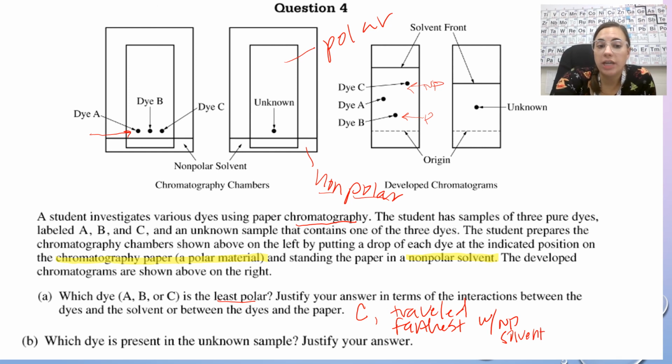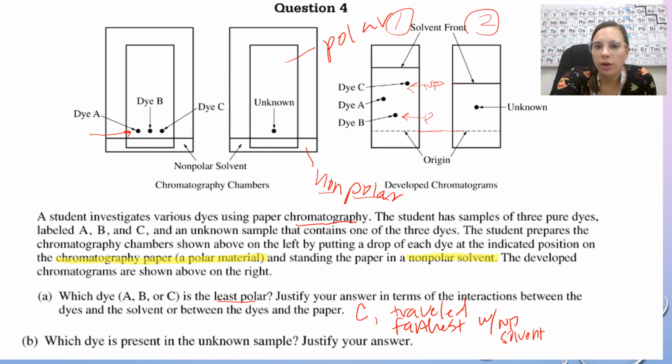And then, which dye is present in the sample? We're going to compare. Now, something that you have to note here, they both started at the same spot, but look, the second with the unknown did not allow it to travel as far.